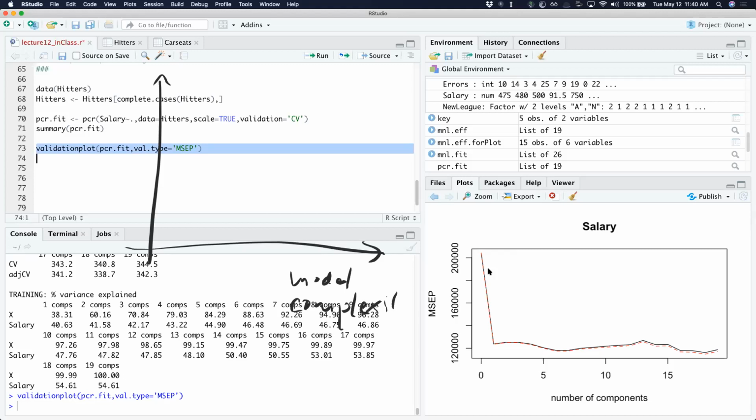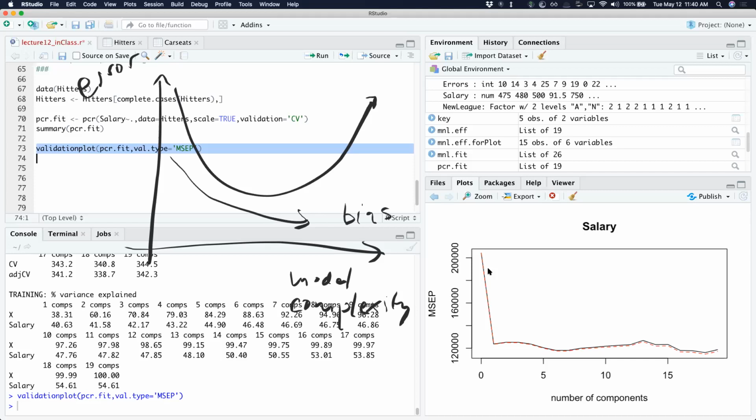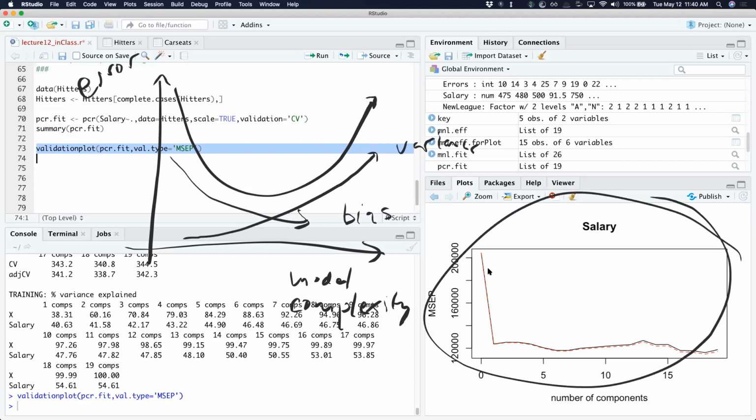And so the more complex the model is, in this particular case, that would be like having more components in the model, and then this is your model error. And we know that it looks something like this, right? The bias goes like this, and the variance goes like this, and the total error looks something like this. So that's what this chart is showing.